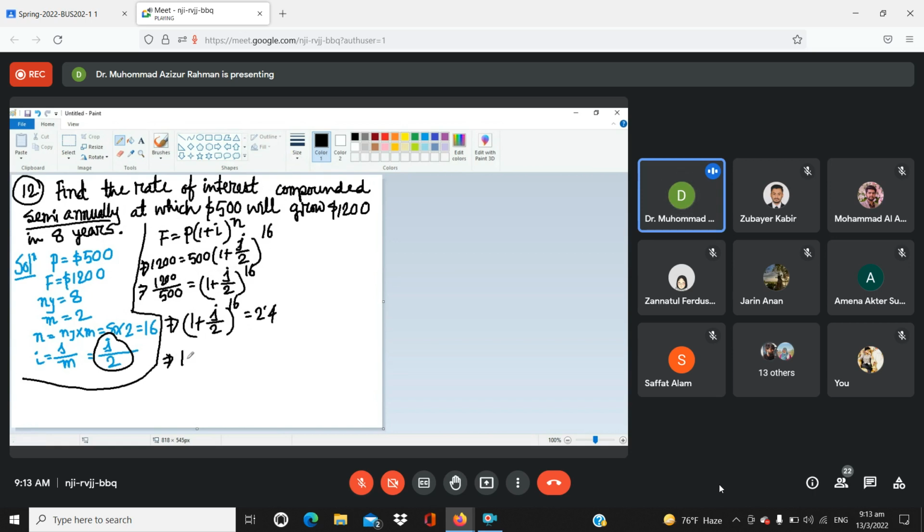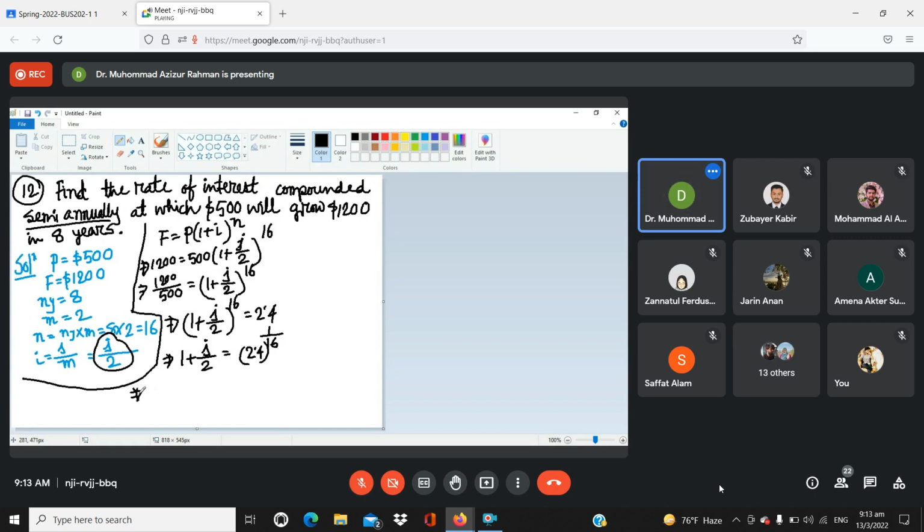So actually you can write here easily j by 2 equals 2.4 to the power 1 by 16, minus 1, right? Yes, sir. So now you can find the value of j.